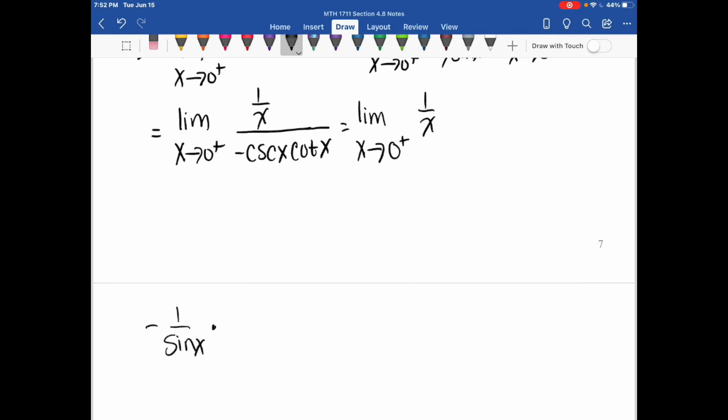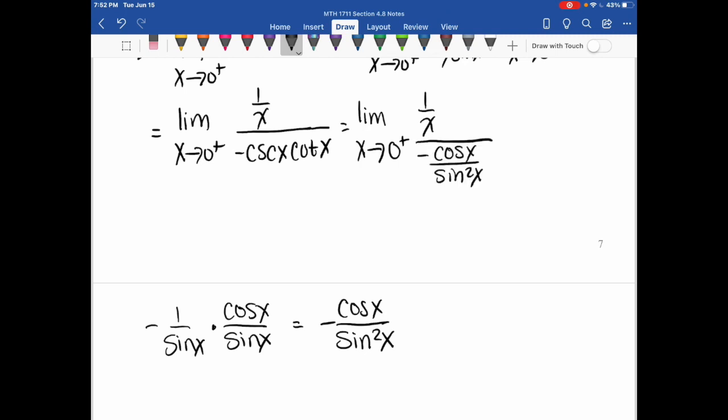If I have minus cosecant, which is 1 over sine x, and then cotangent, which is cosine x over sine x, I can rewrite that as negative cosine x over sine squared x. All of this in the denominator is minus cosine x over sine squared x. And then when I flip and multiply, I'm going to get 1 over x times sine squared x over cosine x.